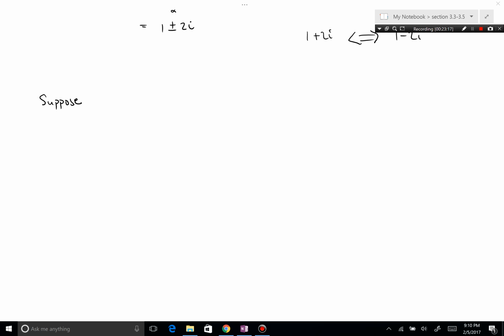I had a slight glitch in my computer. So suppose we had another function, and let's say I gave you this. So this conjugate thing doesn't just happen with imaginary roots, or what we call complex roots. We get them when they happen with irrationals as well.